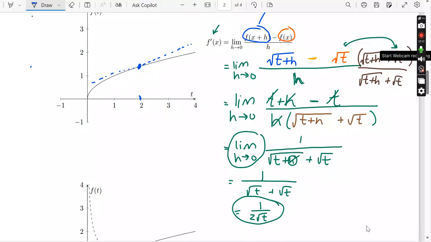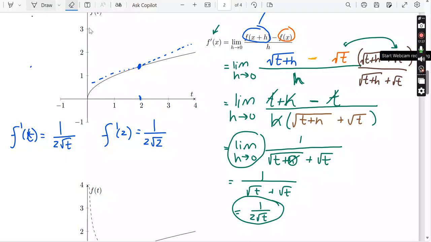Okay. So how do I find that? Well, using the derivative. So I know that f prime of t is 1 over 2 root t. If I want to find out what it is at 2, sub in 2, and I have 1 over 2 root 2. Okay, if I type this into a calculator, it will obviously give me a decimal, but this will give me an exact number.